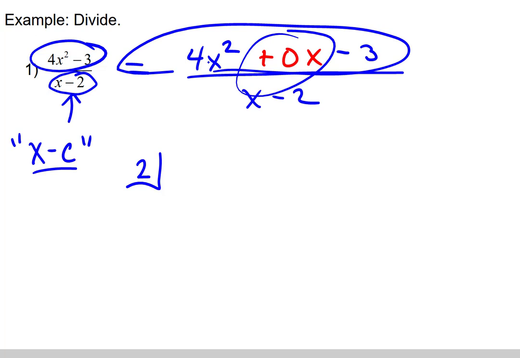So since it was 4x squared plus, now we added the 0x, and then minus 3, we're just going to put the numbers 4 for the first coefficient, then leave some space, then put a 0 for the next coefficient, and then a negative 3 after that. You're just spacing these numbers out. They're not meant to make one big long number, it's just some space in between them.